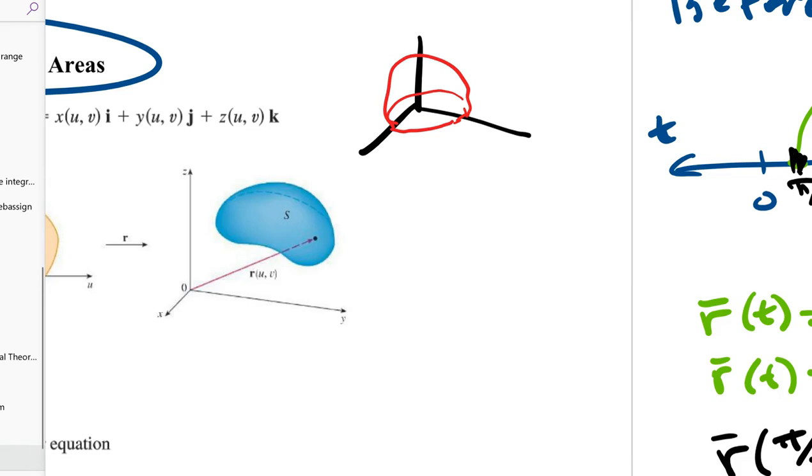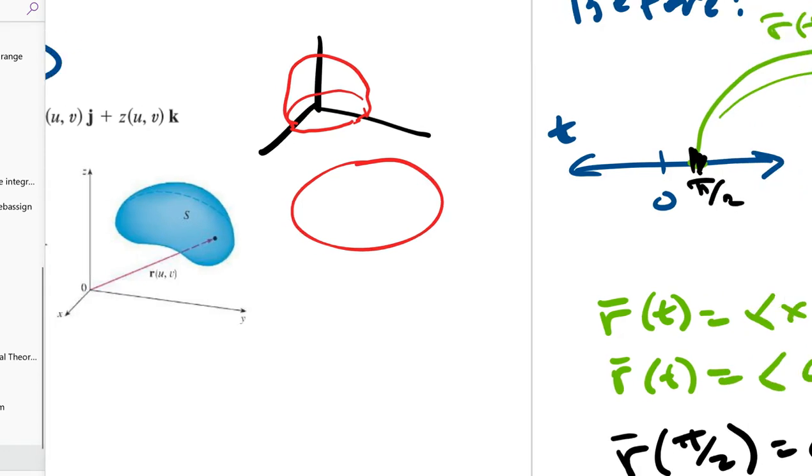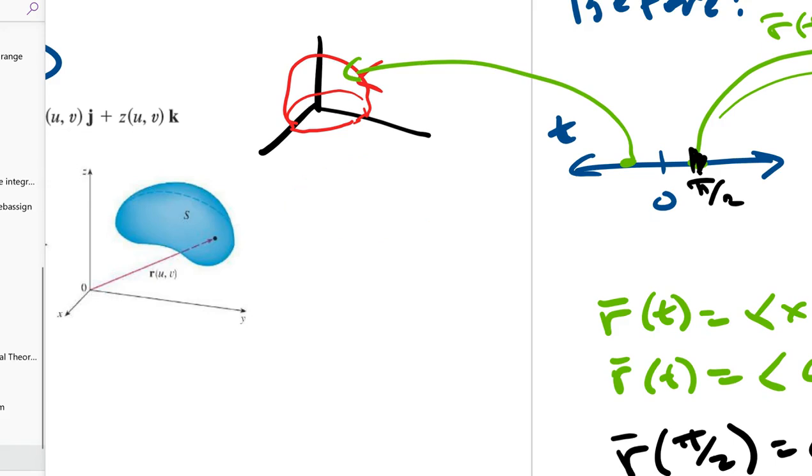If you flatten this out, you're going to get a circle, okay? So it's not possible to take t values from a number line and associate them to a surface and expect to get the whole surface back with one parameter. So we're going to require two parameters in this case.